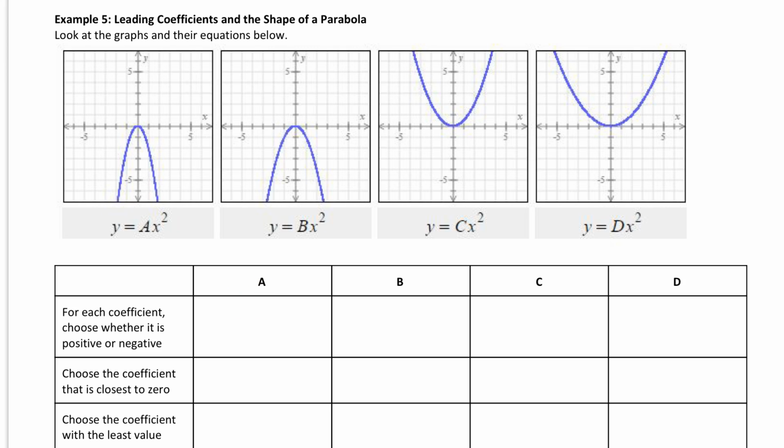So if I look at coefficient a, which is this graph, is the coefficient in front positive or negative? Since this graph is opening upside down, we can say that a has to be negative. If we look at letter b, this graph is also opening upside down, which tells us that this b value has to be negative as well.